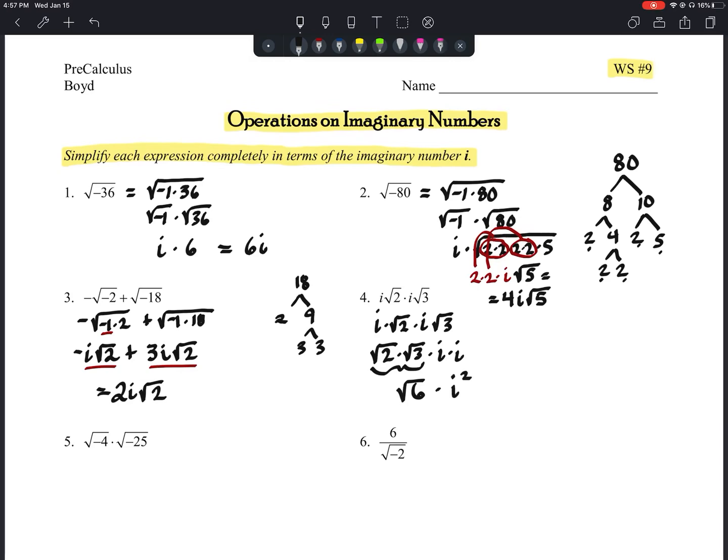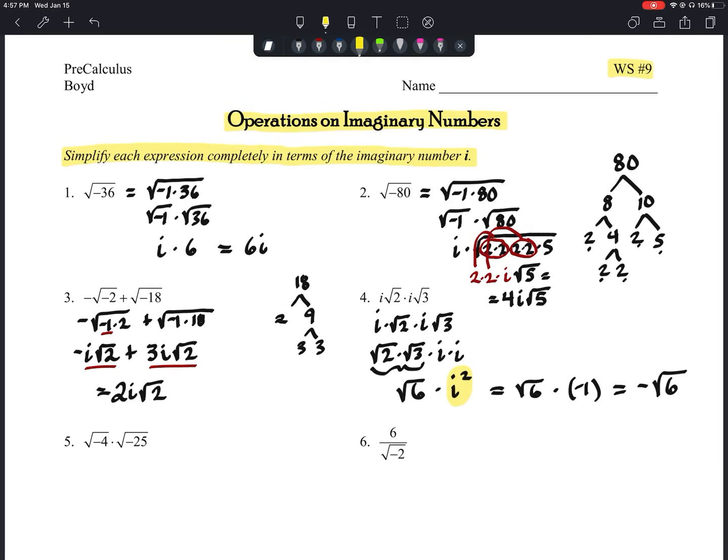We know that i squared is the same thing as negative 1. So this is the square root of 6 times negative 1, which will give us a negative square root of 6. And that is our answer there.